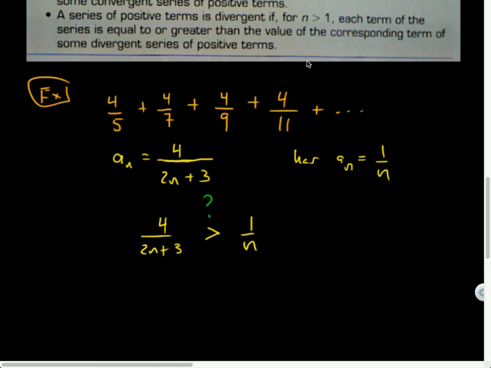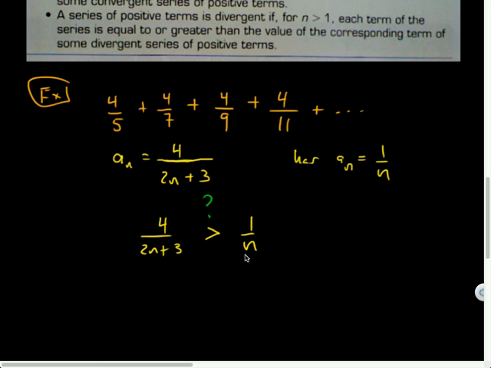Let's plug in 2. 4 over 2 times 2 is 4, plus 3 is 7. 4 sevenths, is that bigger than 1 half? Yes, because 3 and a half sevenths would have equaled a half perfectly, so 4 sevenths is bigger than a half. Let's plug in 3 just to verify. 4 over 9, 0.4 repeating, is that bigger than 1/3?